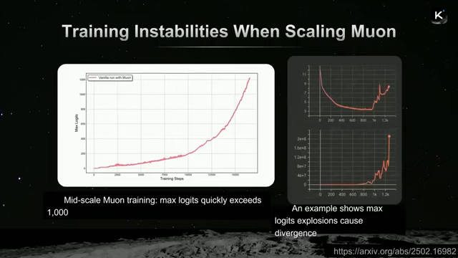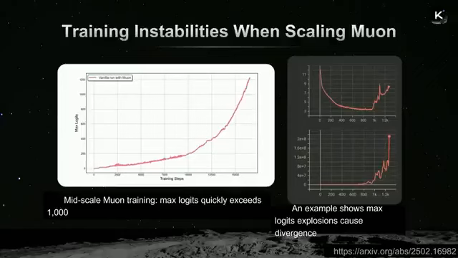When we tried to scale Muon to a 1 trillion parameter model, we encountered a new issue: training instability. As you can see in the left figure, the max logits quickly explode and exceed 1,000. The typical values for this max logit during training are about 50, or maybe less than 100.